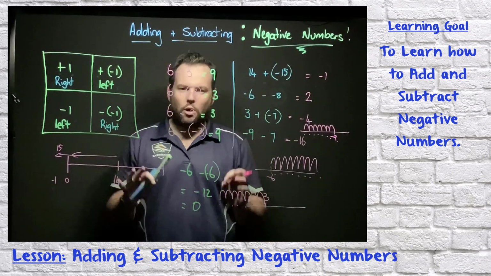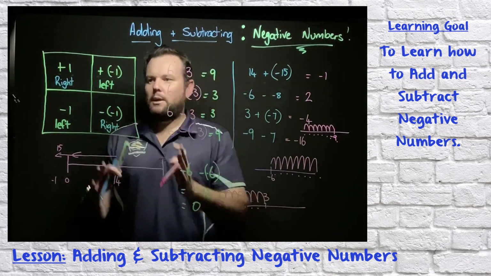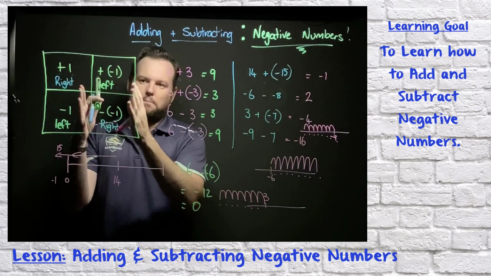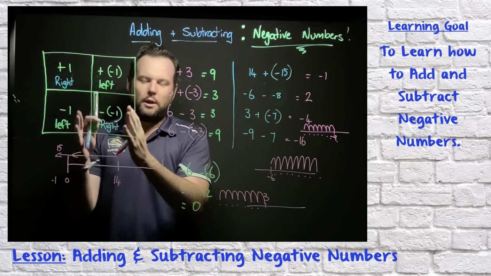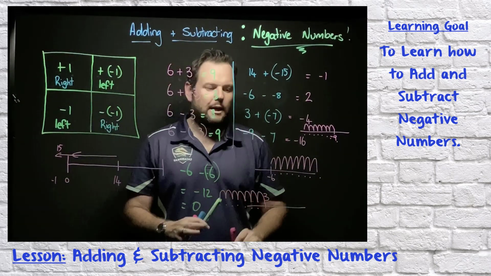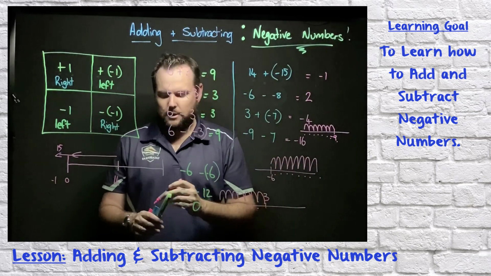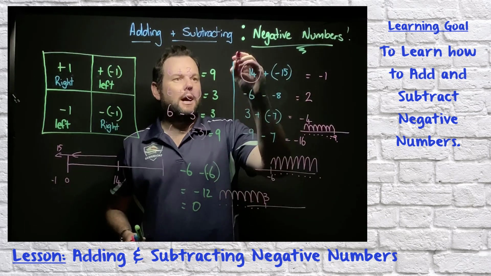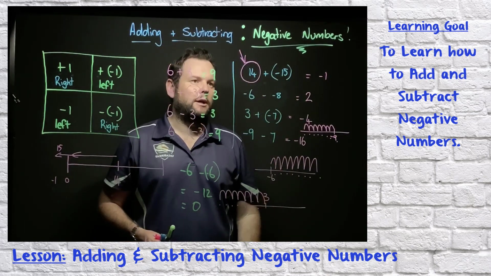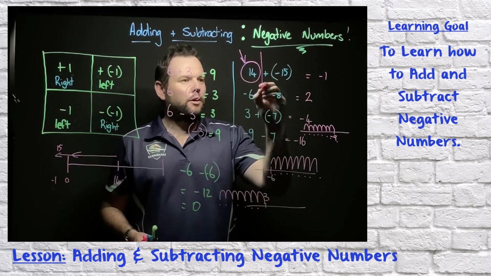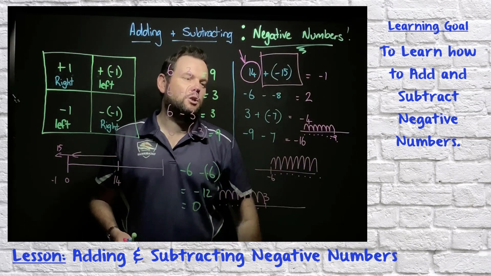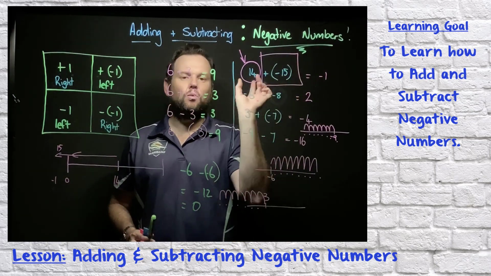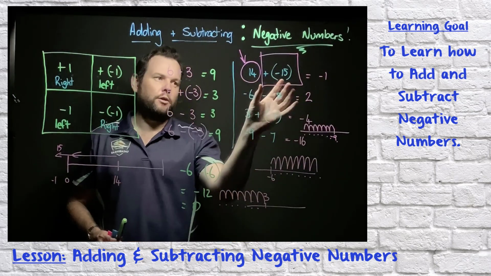You will need to do a lot of practice on this. Okay, you will need to continue to refer back to your set of rules. Okay, and you will need to use your number lines. Remember, the first digit is where you start on the number line, okay? And then we look at this part of the expression, and that tells you which direction you need to move on the number line.